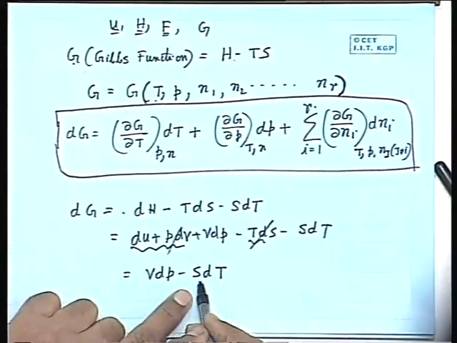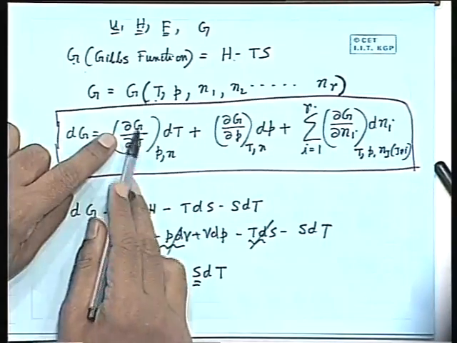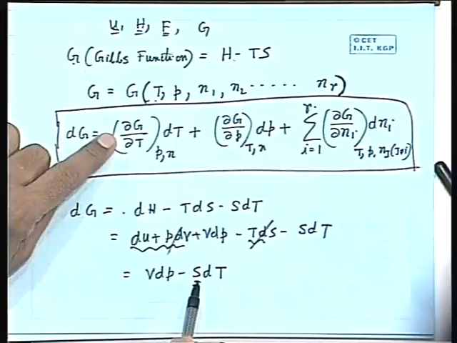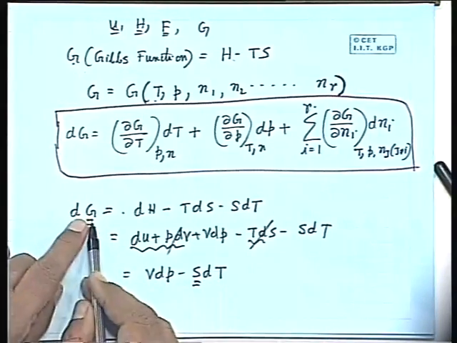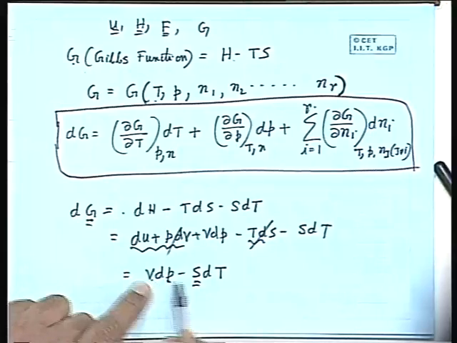That means you see that S becomes equal to minus del G del T at constant P and N. If G is expressed in terms of P and T, then dG becomes this into dP, this into dT.